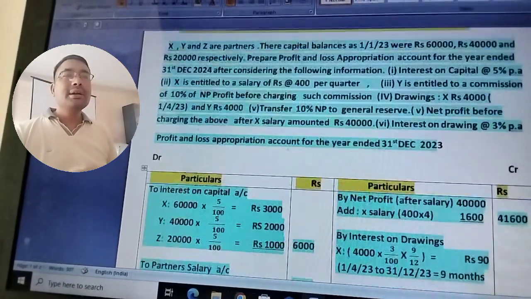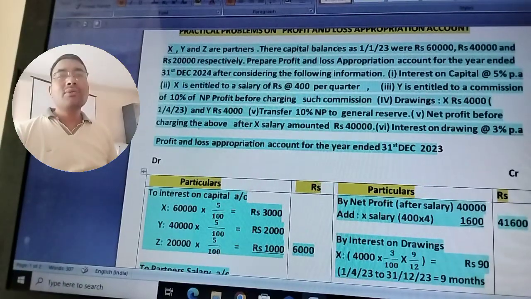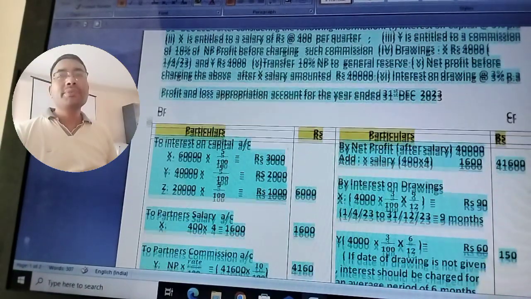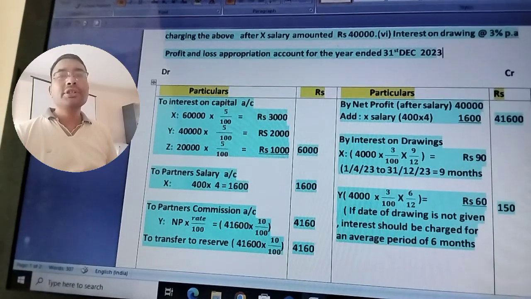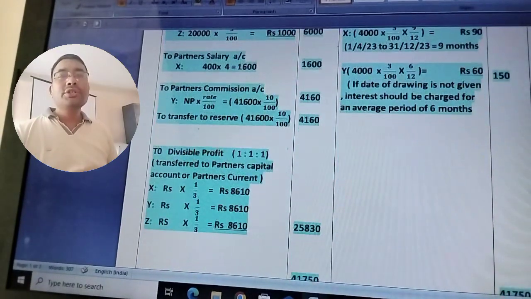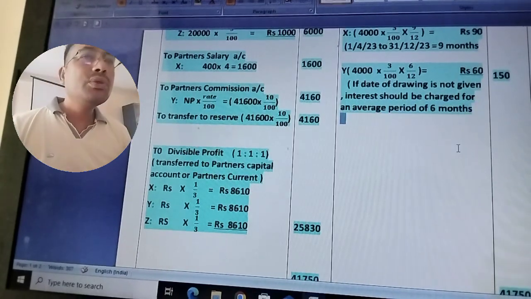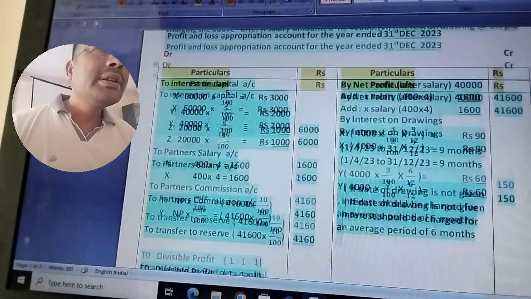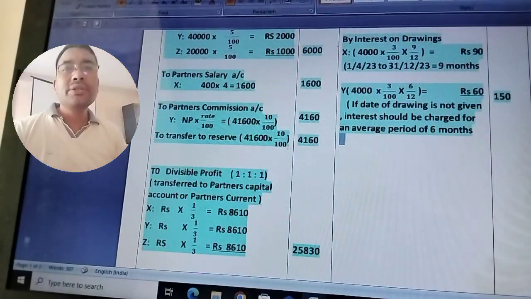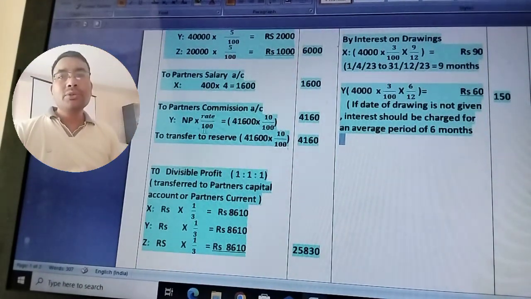Then Y is entitled to a commission of 10% of net profit before charging such commission. So Y's commission is on net profit, and net profit, you know, is after adjustment. Net profit is 41,600. How do you calculate commission?